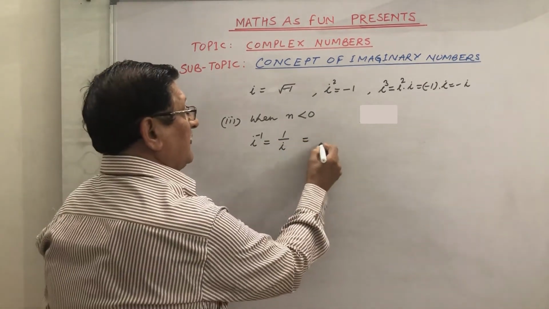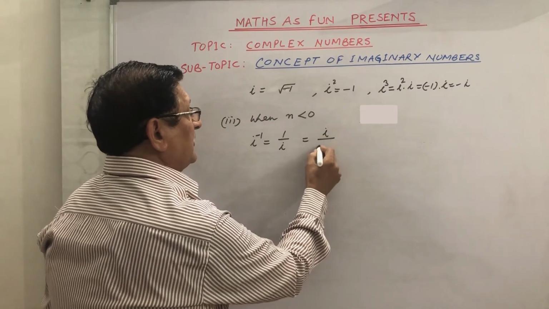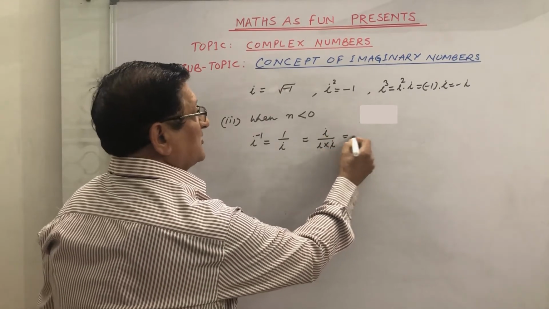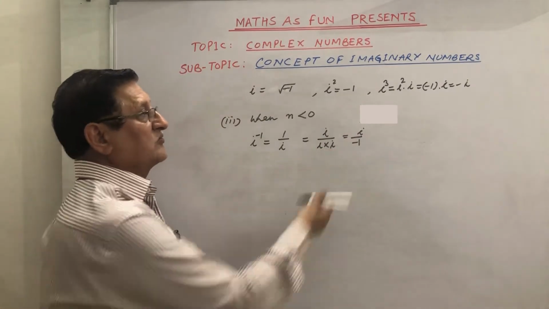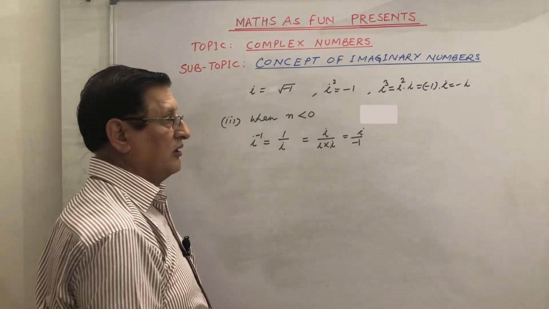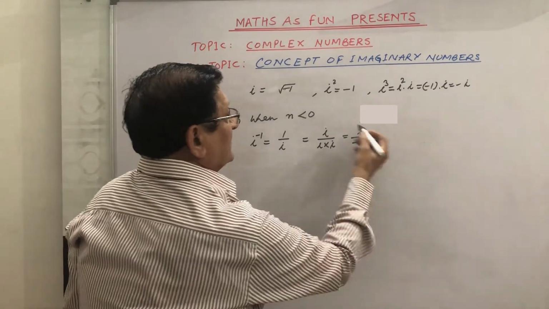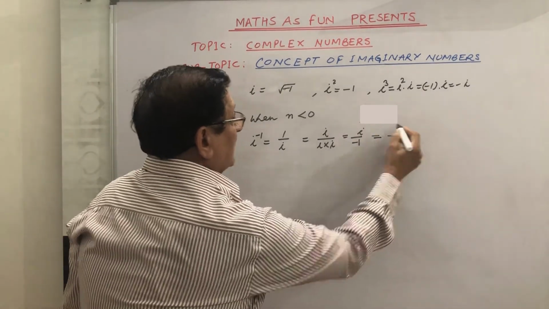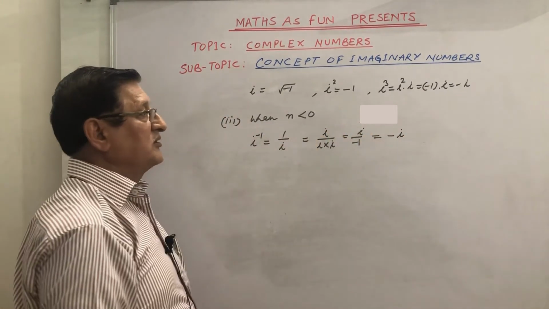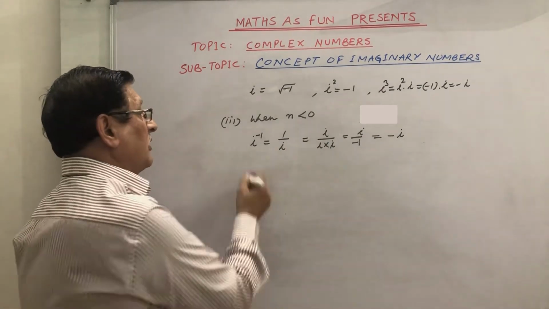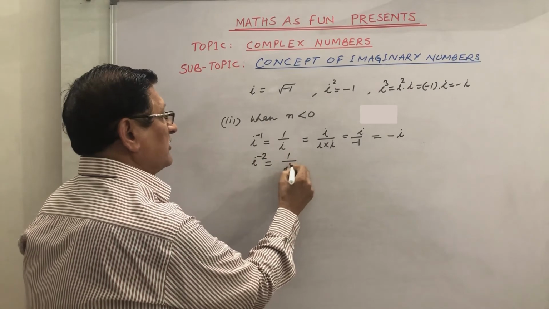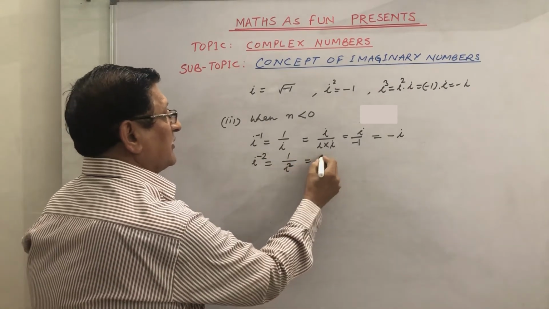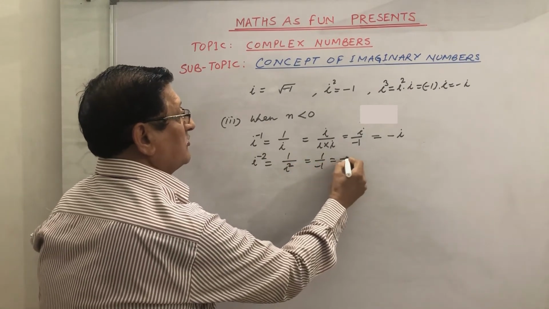If we multiply by iota in the numerator and denominator, this becomes iota upon minus 1, as we know iota square is minus 1. And this can be written as minus iota. So iota to the power minus 1 becomes minus iota. If we go for iota to the power minus 2, that will be 1 upon iota square, and that is 1 upon minus 1, that is equal to minus 1.